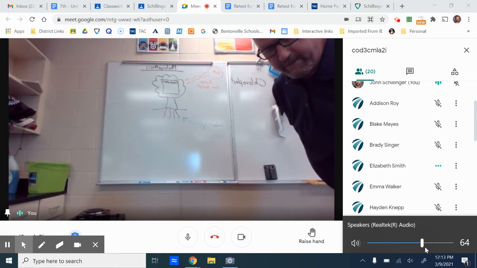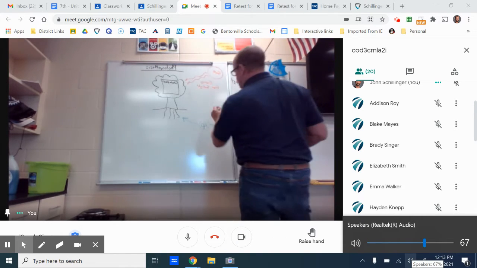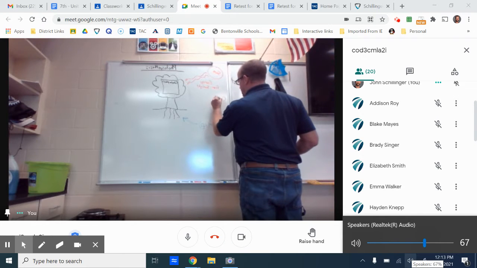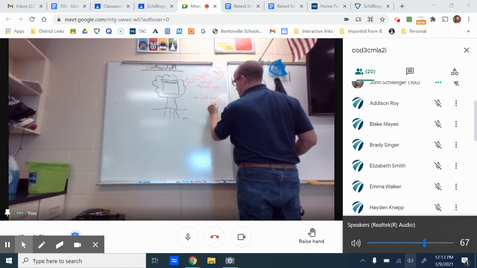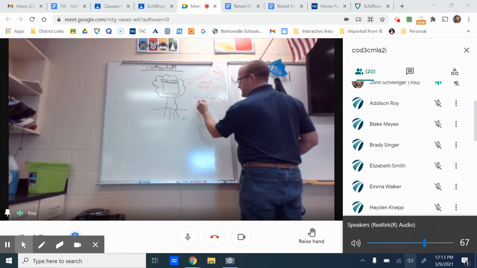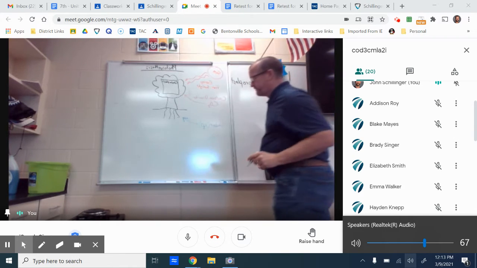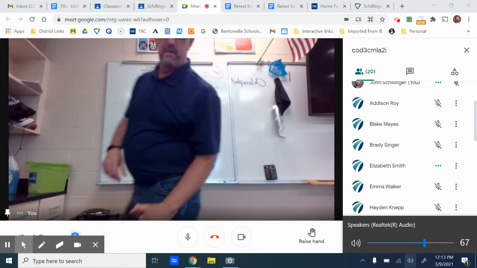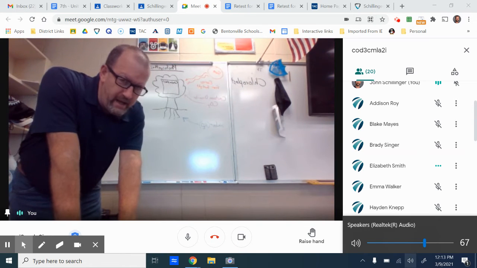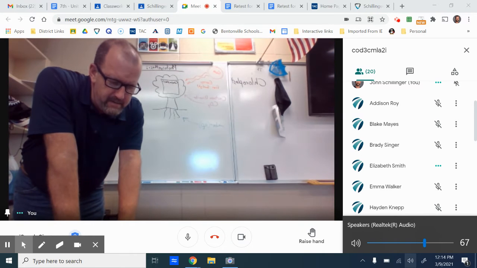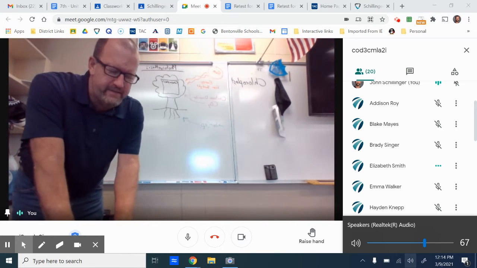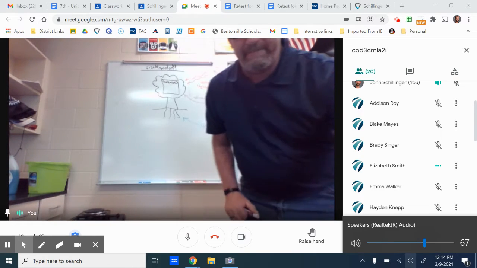Carbon dioxide, very good. And that comes in, do you know where? Do you remember where, Elizabeth? Do you remember where the carbon dioxide comes into the plant at? Yep, the stomata. It comes in the leaves, the bottom side of the leaves, through the stomata.